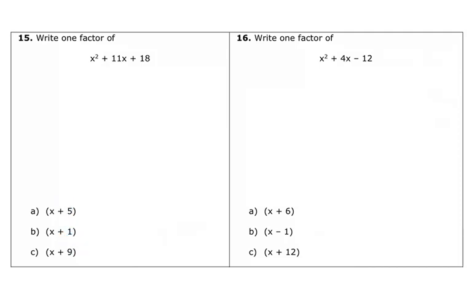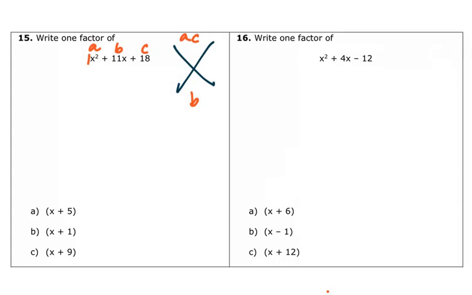So in this one here, when it says, what is one factor of this? We have no choice but to factor A, B, C. So on number 15, the only way to get it right is to factor. There's going to be 2 questions on your test where you have to factor because these are not perfect squares. 18 is not a perfect square.